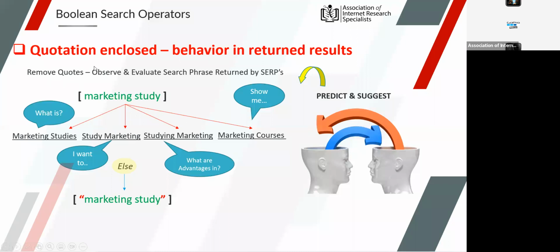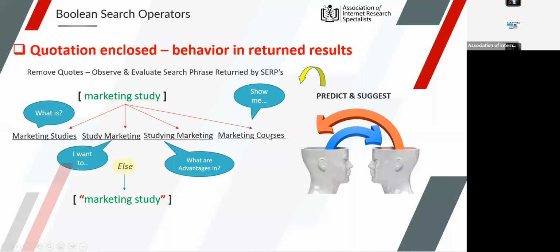Now, without quotation marks, when you have used two words like marketing study, for instance, the search doesn't have the context which is required. If these two words are outside of the quotes, it would mean, if you're looking for marketing study or study marketing, it starts to do the same behavior as we did earlier.